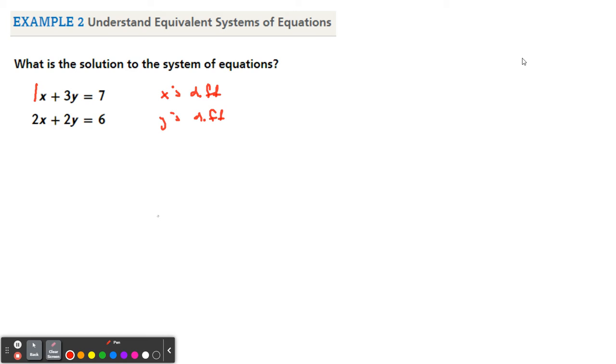So 1 times 7 is 7. 1 times -12 is -12. So we need to multiply this 1 by something so it becomes opposite of this 2 down here. If we multiply the 1 by -2, it's going to be a -2x, which is opposite of 2x in the bottom, and they're going to cancel.